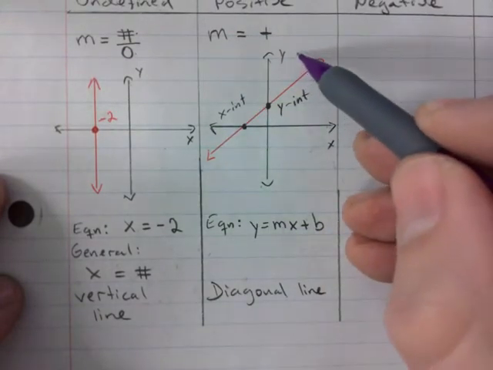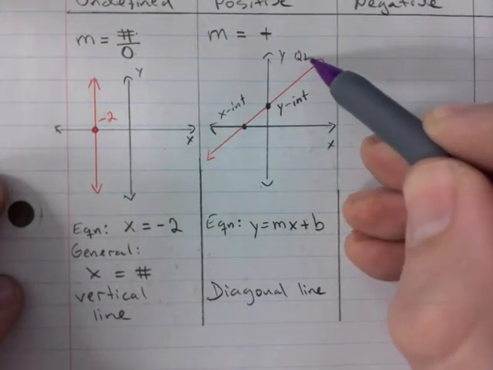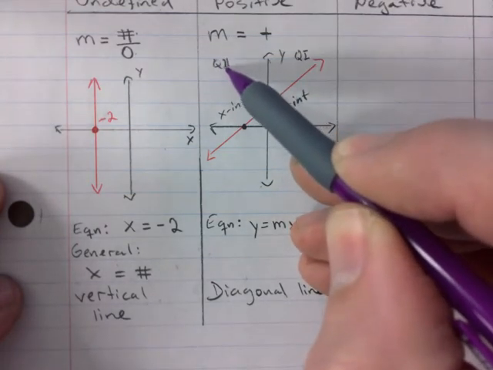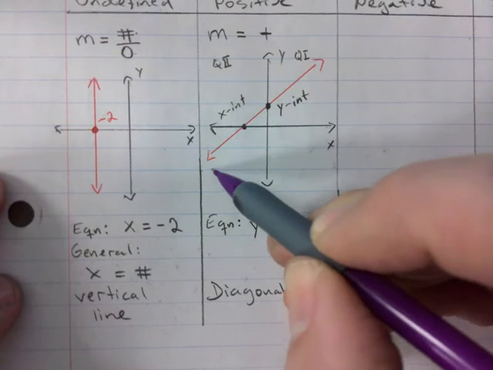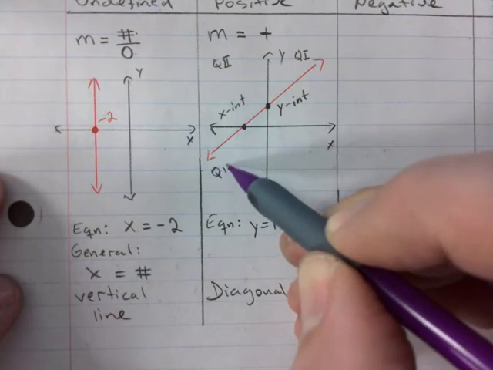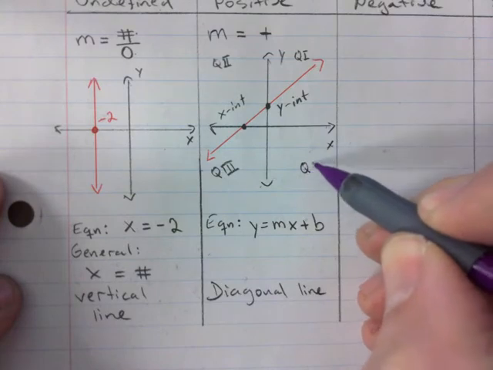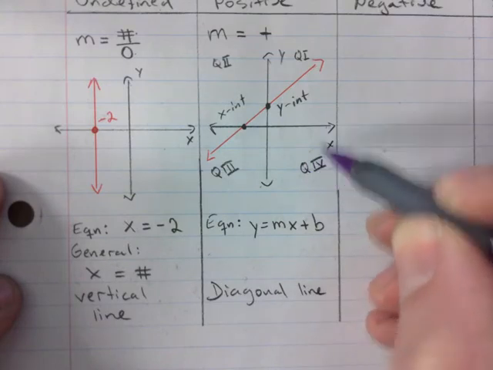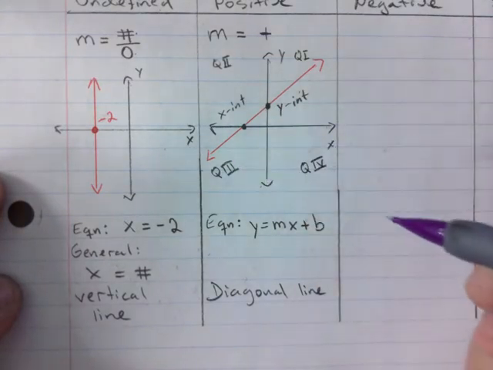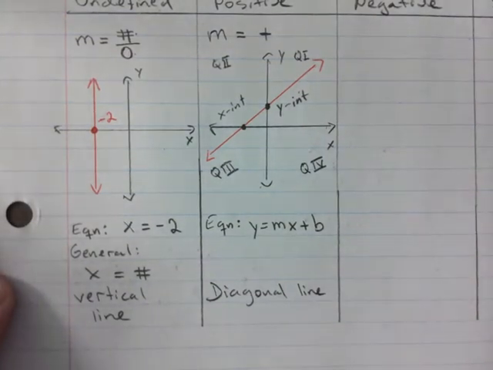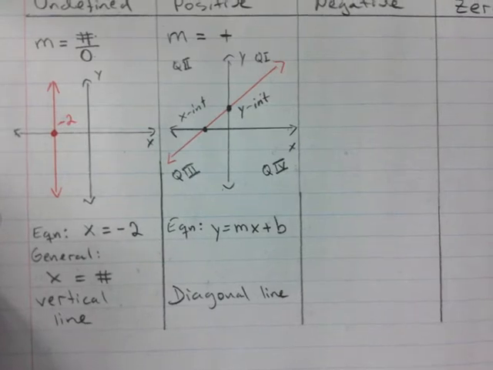We have quadrants. So this is quadrant 1, quadrant 2. I use Roman numerals. I honestly don't care if you do it either way. Quadrant 4, right? So you start here and then you go 1, 2, 3, 4. So just in case I ask you that on an AC or something, you know what's going on.